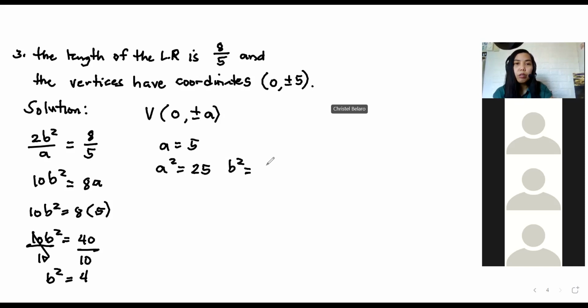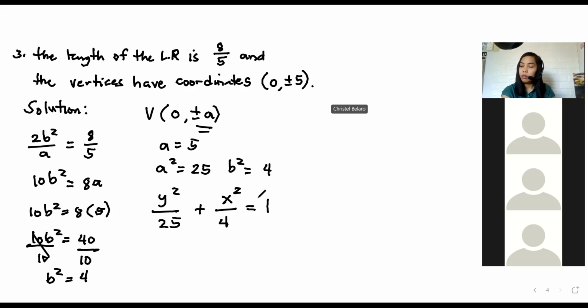We have b squared, which is 4. Now we can write the standard form. The major axis or the foci of this ellipse is on the y-axis. Meaning, our vertices are on the y-axis. So we'll have y squared over 25 plus x squared over 4 equals 1.